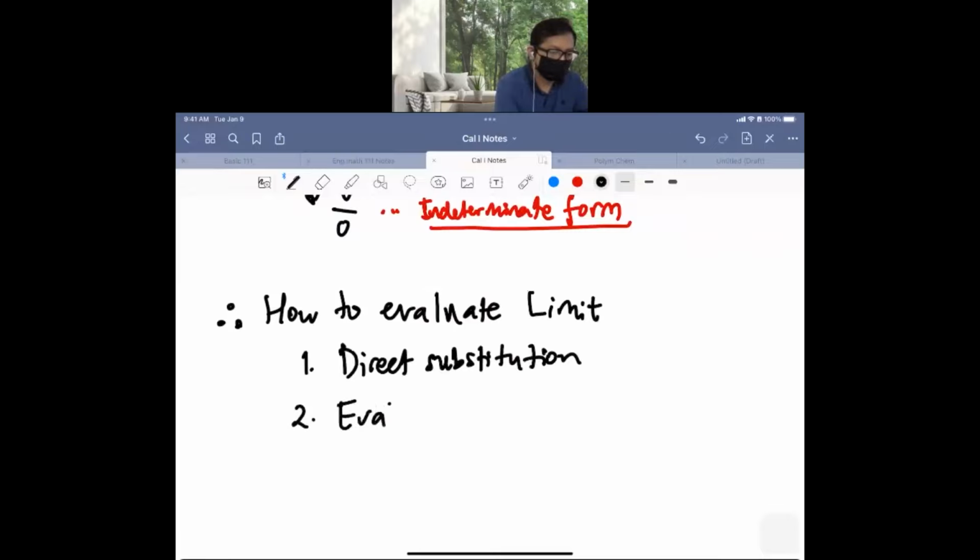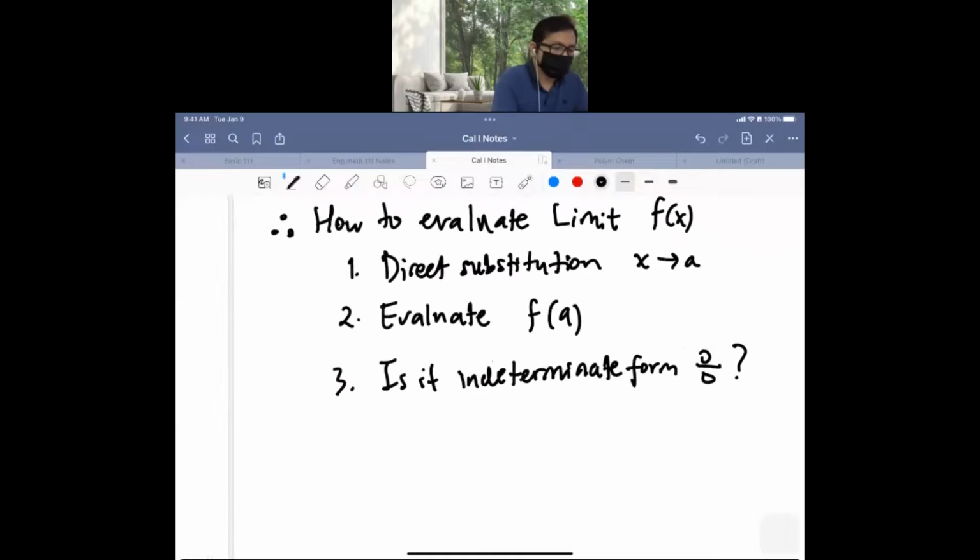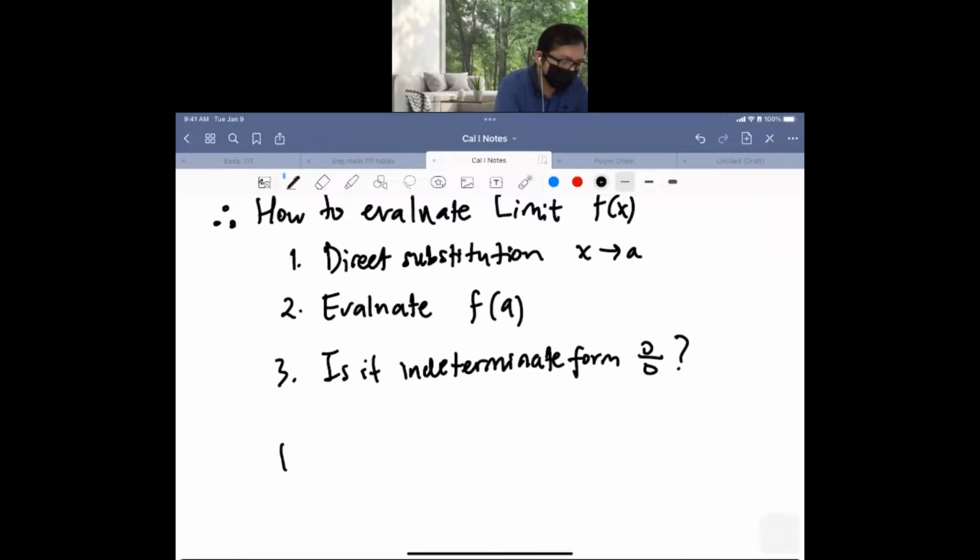Second, evaluate x to a, meaning that we try a and evaluate f of a, and then ask yourself, is it an indeterminate form? In the diagram, we have the limit as x approaching a of f of x.